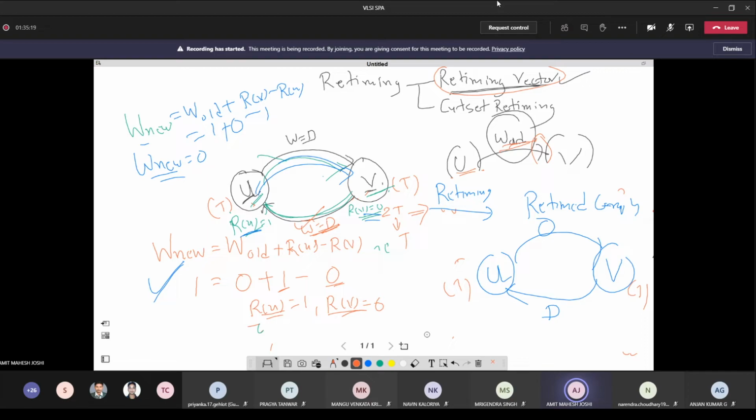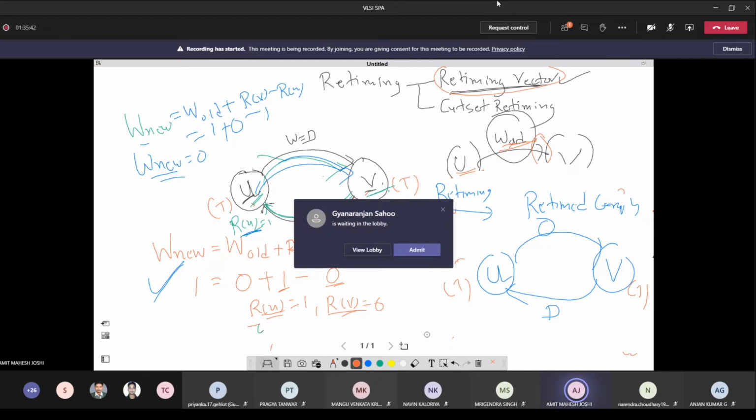Now what is your observation? I have applied a retiming concept through a retiming vector. What is the critical path for this? Okay, very good. One of the BTech students has suggested that the critical path has changed.